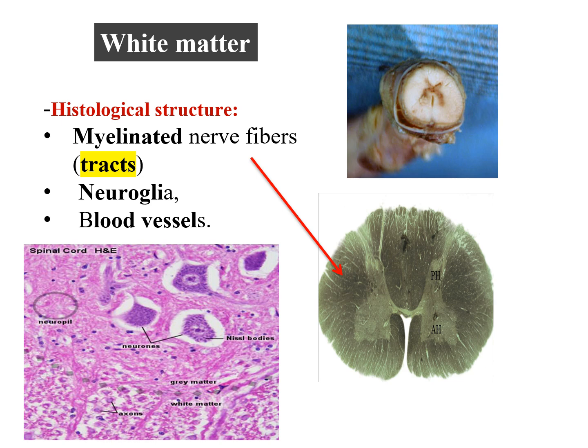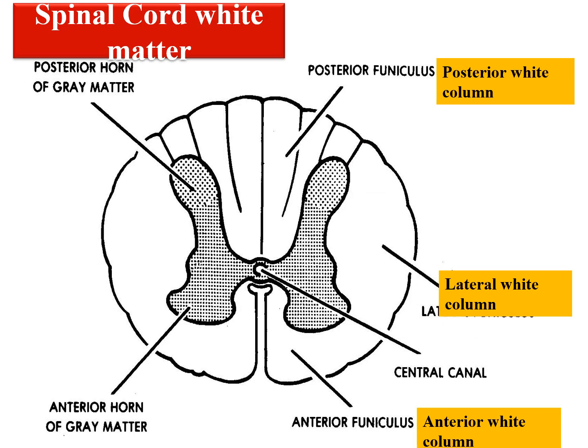Containing myelinated nerve fibers, which take the name of tracts, containing also neuroglia and blood vessels for blood supply. It is labeled by the red arrow here. This is a dark area which contains nerve fibers surrounding the H-shaped gray matter.